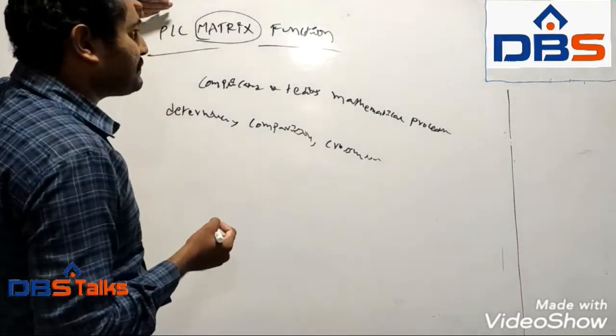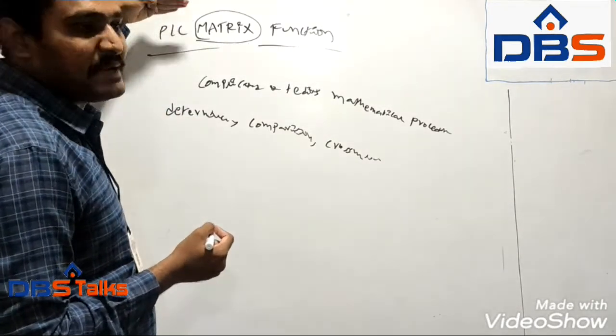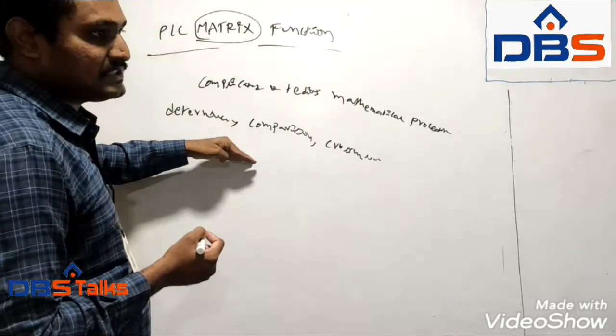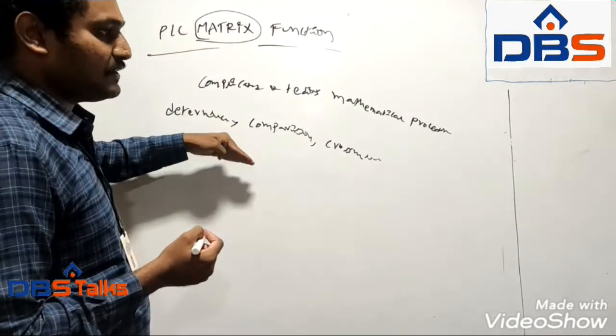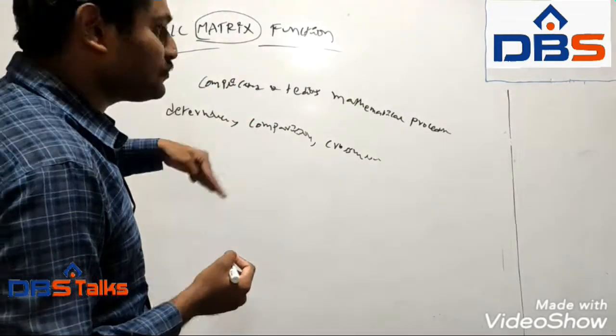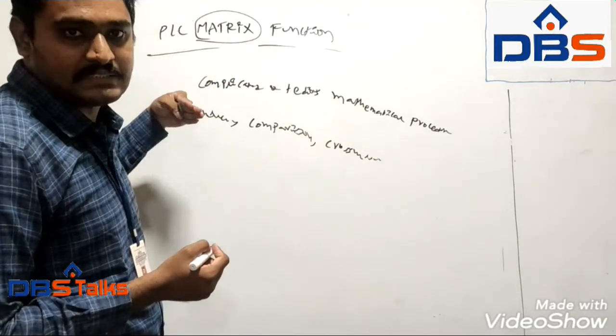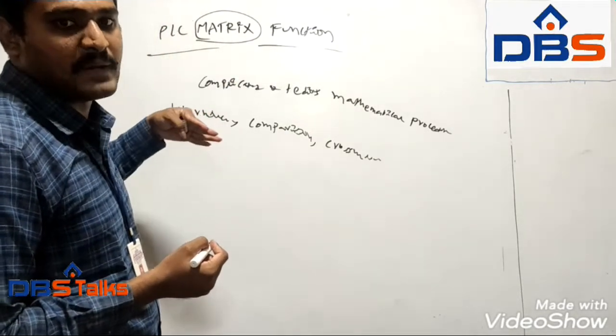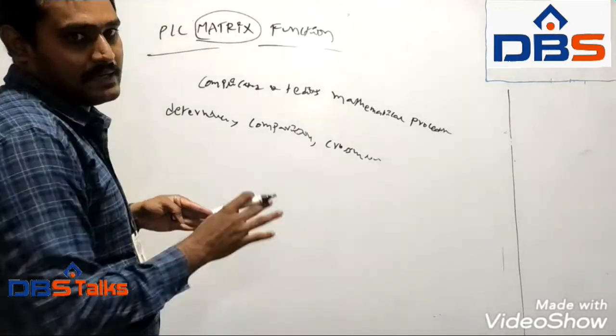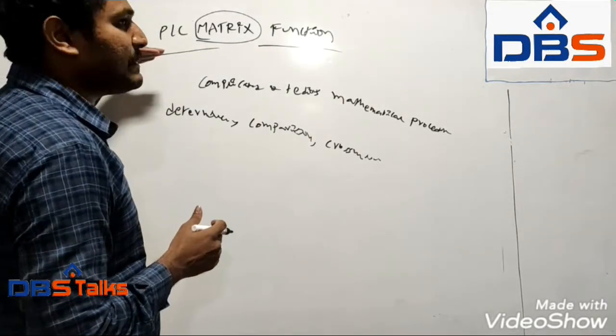By using the PLC matrix function, we eliminate these complications, as it enables the user to do a large number of comparisons and logical operations in an orderly manner. That's why we are using the PLC matrix function.